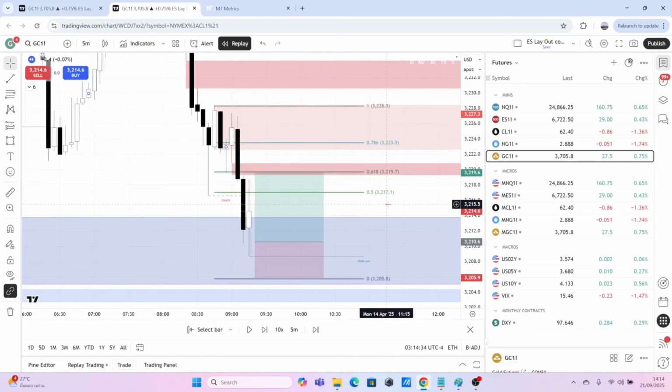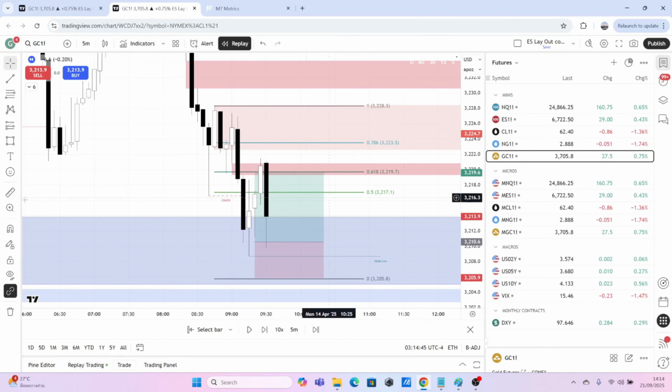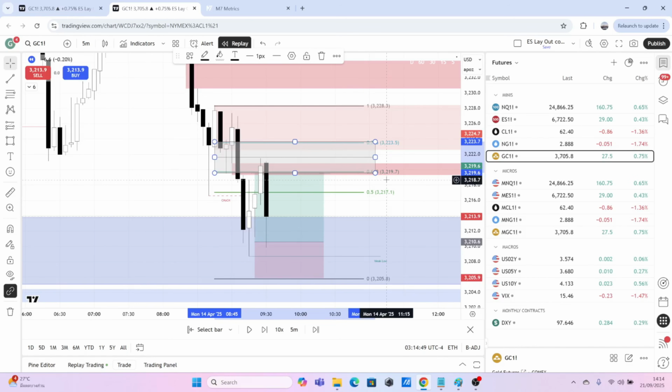That's fine, because you're under 0.5, you're in discount. And so when price does come up, bang, this would have been what you hit and you would have been out for profit. But the moment it gets into this golden pocket, your risk goes up. And that's why you stay out of those trades.